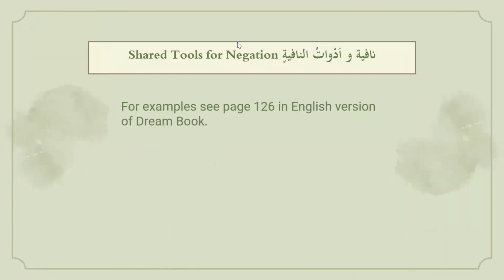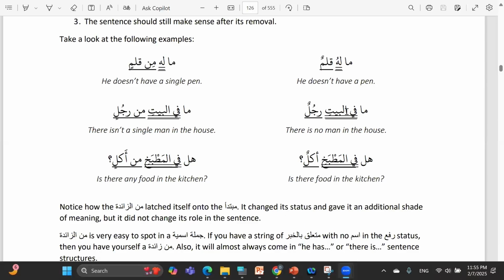Let me go to these pages. Okay, so we are here on the example page from the textbook. Ma lahu qalamun. These are examples of jumla ismiya. Ma lahu qalamun, he doesn't have a pen. But if we add min to it, then the translation would be he doesn't have a single pen. Ma lahu min qalamin.